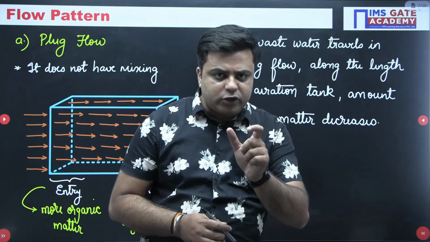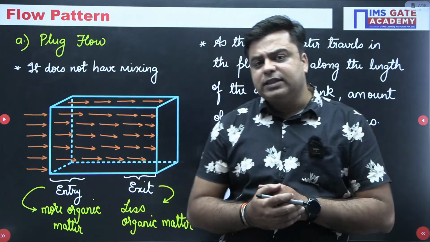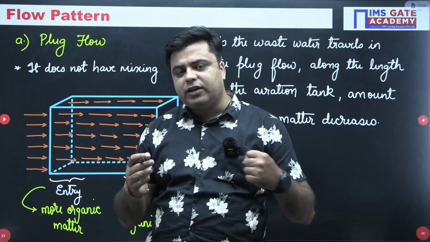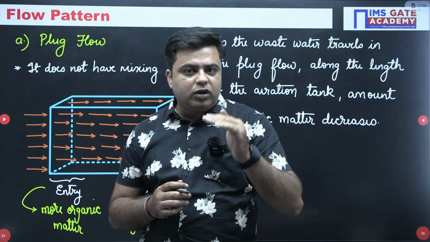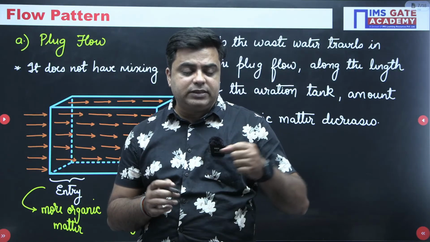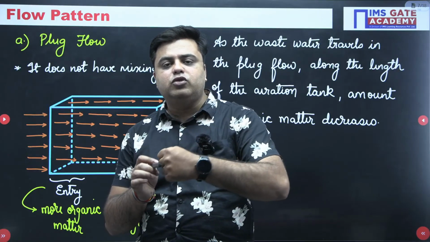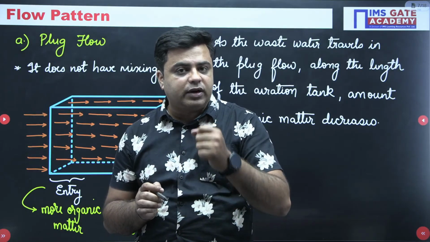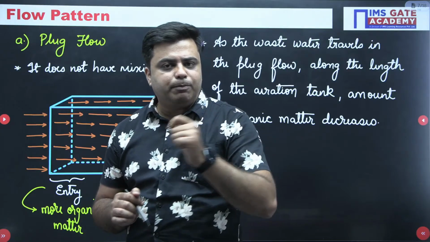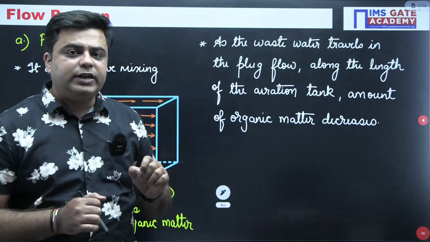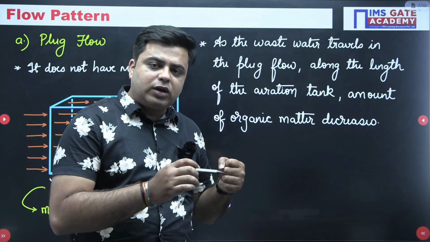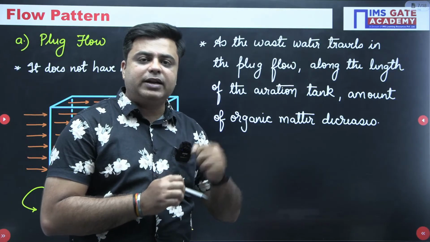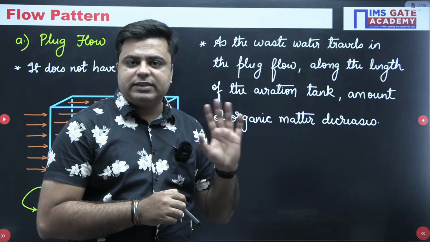So, contact opportunity is a parameter which tells us the chances of microorganism to come in contact with the organic matter. If the contact opportunity is less, it means the chance of microorganism to come in contact with the organic matter is less. So, in the plug flow, contact opportunity is less, since no mixing is induced.